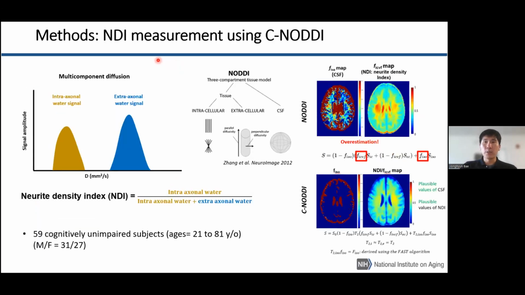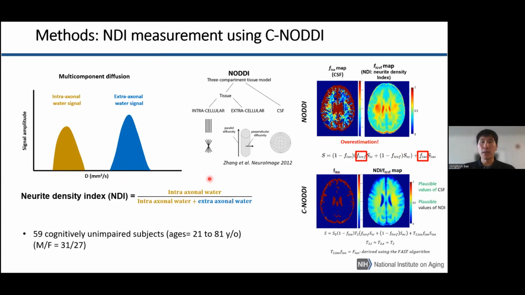So to measure the neurite density index, we used diffusion imaging to model different contributions from the intra-axonal water and the extra-axonal water. Our multi-component diffusion model assumes the intra-axonal water exhibits different diffusivity due to the restriction from the microstructures.